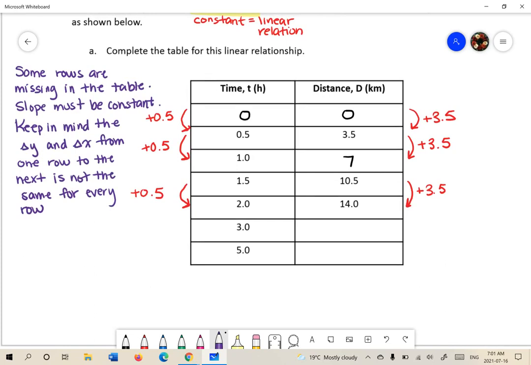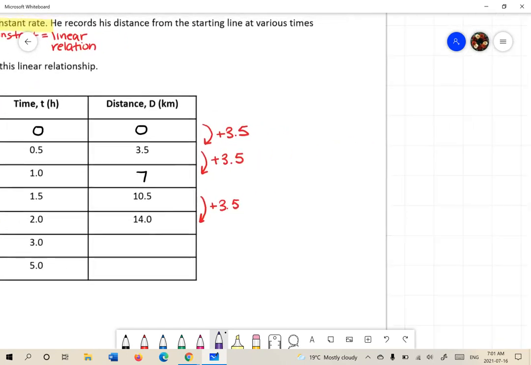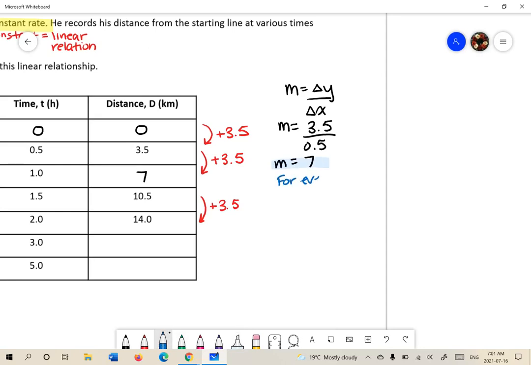So let's determine our slope on this side. Using my change in y over change in x formula, my y's are changing by 3.5 while x is changing by 0.5. Dividing that, m is equal to 7, which tells me that for every 1 hour running, Manny travels 7 kilometers.